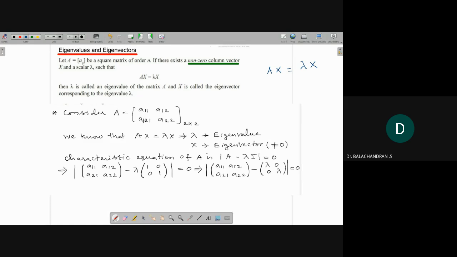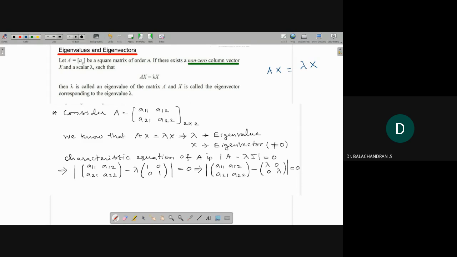Okay, how to find the characteristic equation for a 2 by 2 matrix? Suppose the general form of a 2 by 2 matrix is A11, A12, A21, A22. Now I'm going to find the characteristic equation of this matrix.